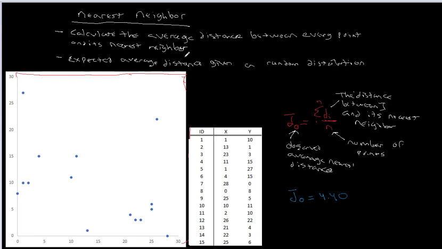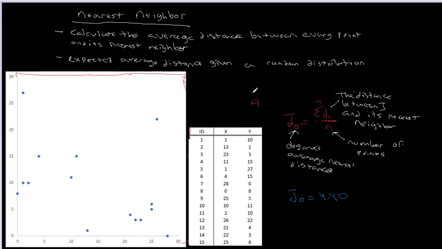Well, fortunately for us, we don't need a whole lot of information. All we need to know to figure out what we need for our average distance is the area that the study is covering, and we always denote that with a big A. So we need to know the area the study is covering.